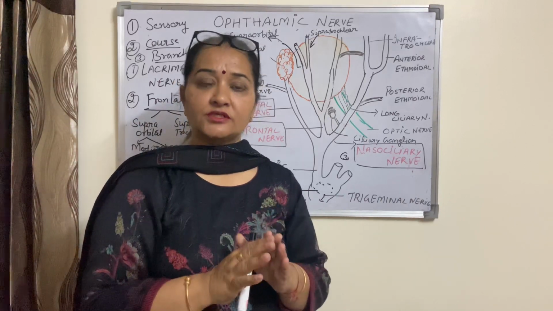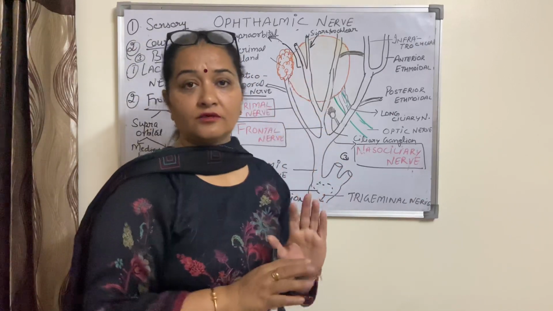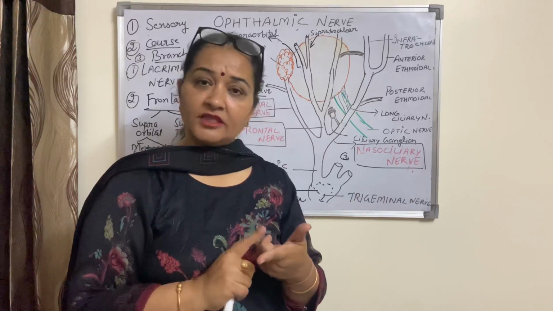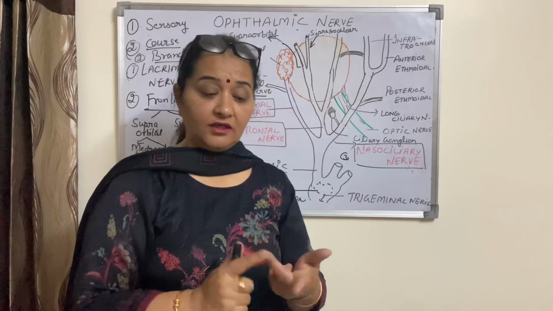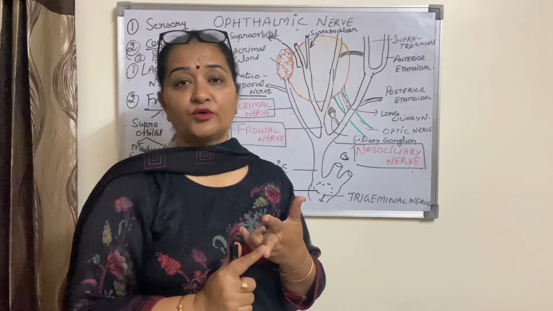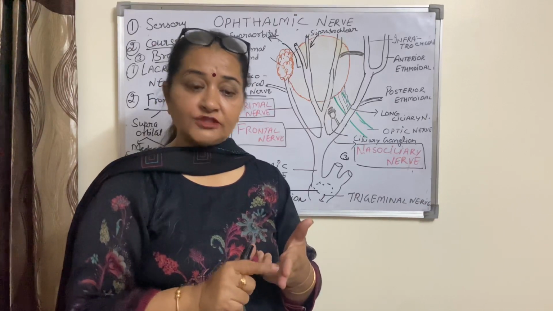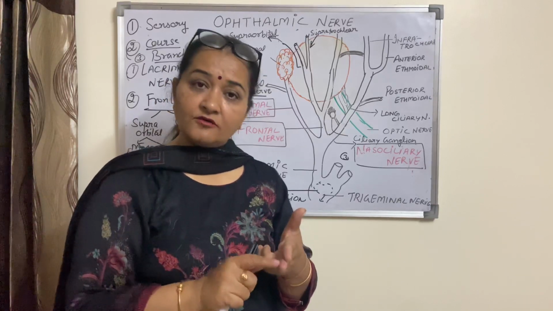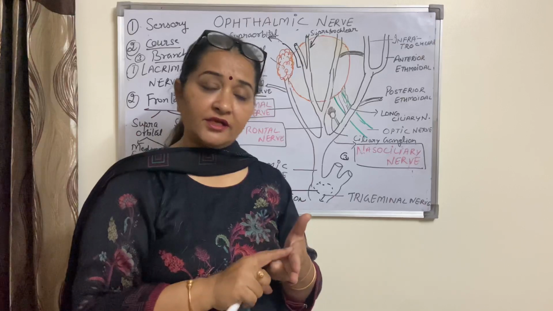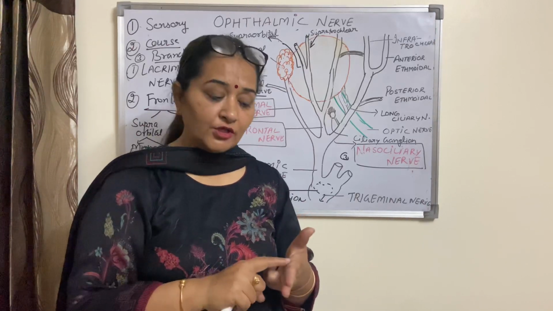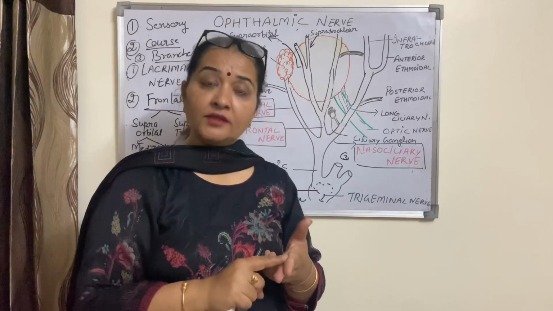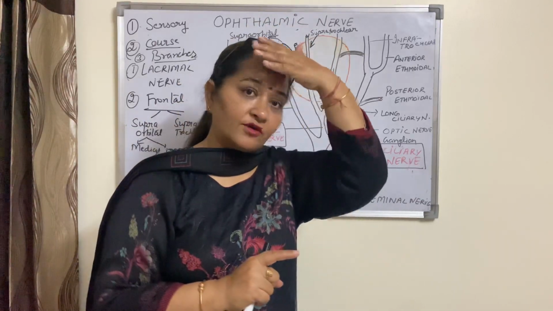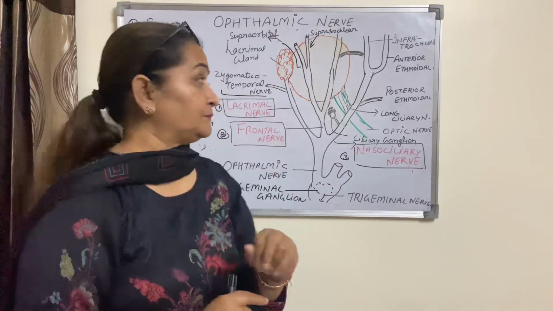So I repeat, the supraorbital nerve supplies the upper eyelid, conjunctiva, then the frontal air sinus, which is very important clinically, then the area of scalp up to the lambdoid suture. The nerve supplying the frontal air sinus arises from the supraorbital nerve, and the nerve supplying the scalp up to the lambdoid suture also originates from the supraorbital nerve. So this relation is important. Why in frontal sinusitis is the headache felt up to the lambdoid region? Referred pain is felt over here because of the common nerve supply.